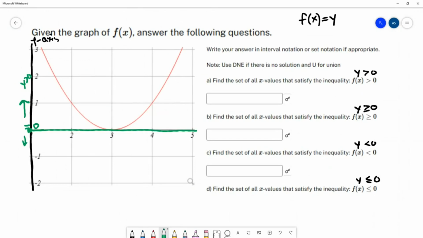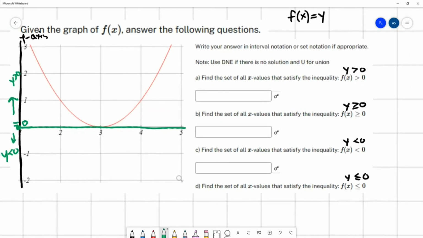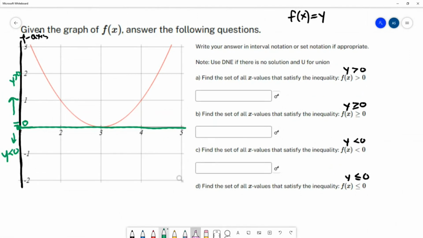Everything below that point, y is less than 0. So if we're looking for when f of x is greater than 0, we're looking for the pieces of the graph that are above the x-axis. For this particular picture, we have one point on the x-axis, and all of the other points are above. So we want to represent this piece right here.